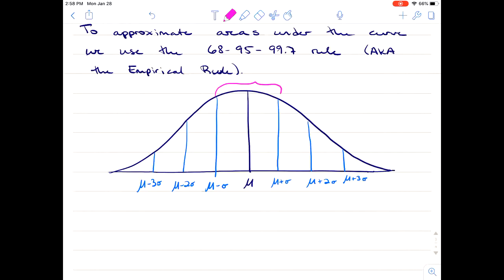So we have to be flexible there. But here, between these 2 points, this area is 0.68 out of the total area of 1. So let's put that on here. So we've got 0.68.